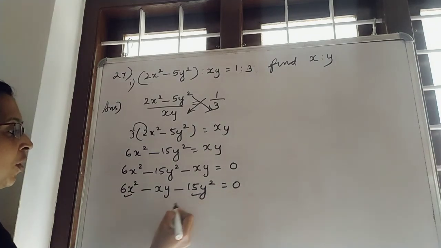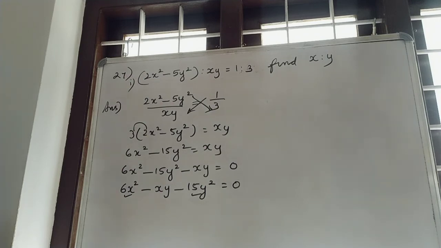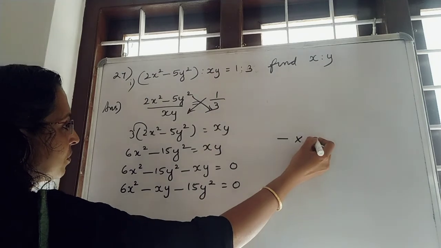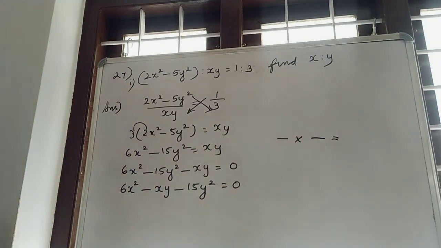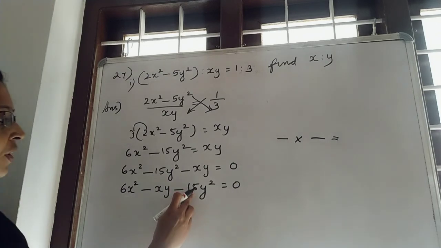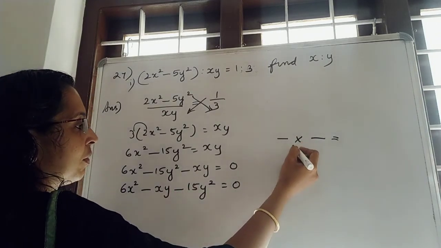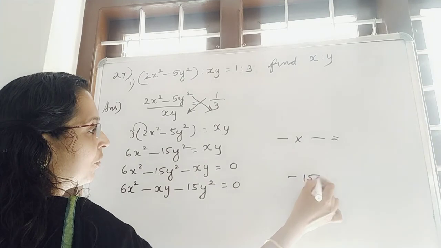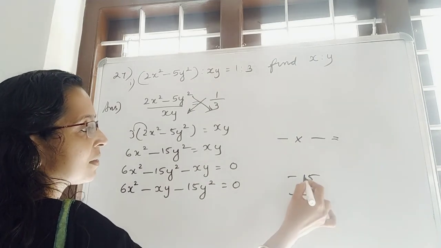This is a quadratic equation: 6x² − xy − 15y². So we want two numbers whose product is the first term times the last term, 6 into negative 15. So what will be 6 into negative 15? 5 sixes are 30, balance 3, so 90.